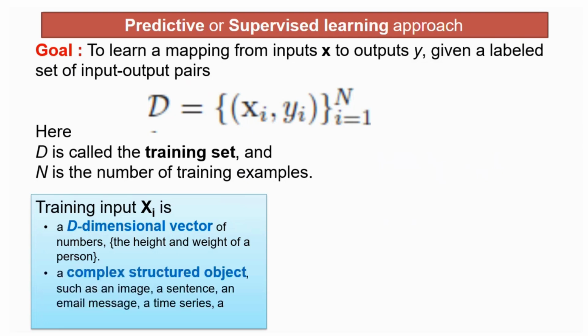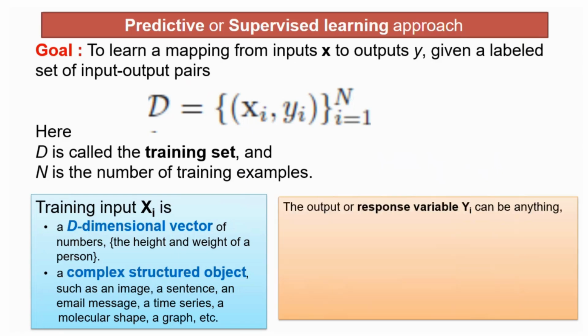Or it may be a complex structured object, meaning the data could be an image in the case of image classification, or a sentence in the case of sentiment analysis. It could even be an email message used for spam classification, or time series data, a molecular shape, or a graph, etc.